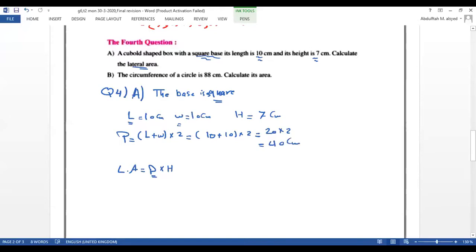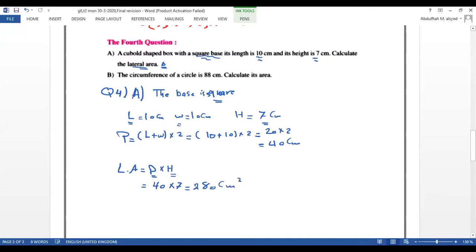There is no need to find the base area because only the lateral area is required. Lateral area equals perimeter 40 times height 7, which equals 280 square centimeters.